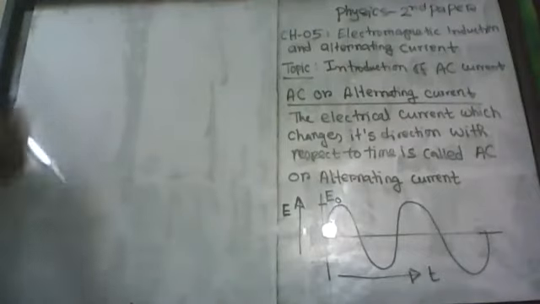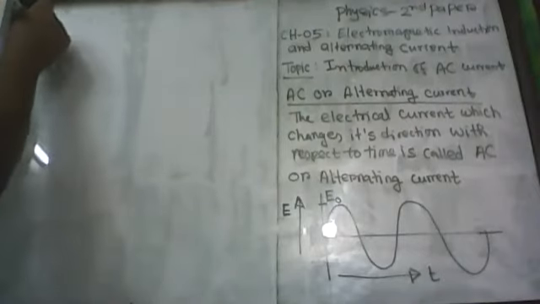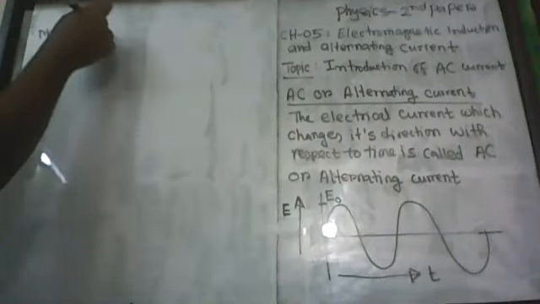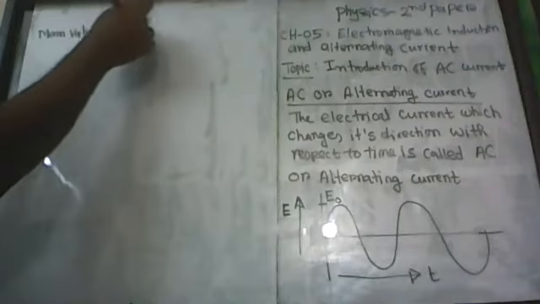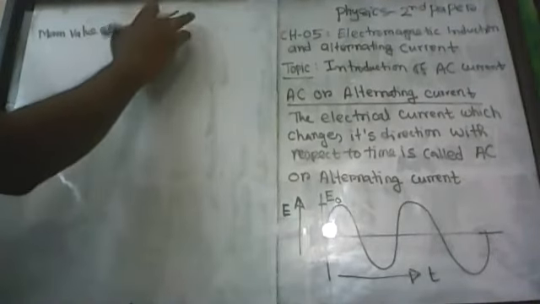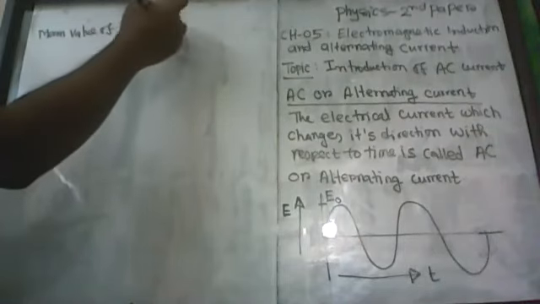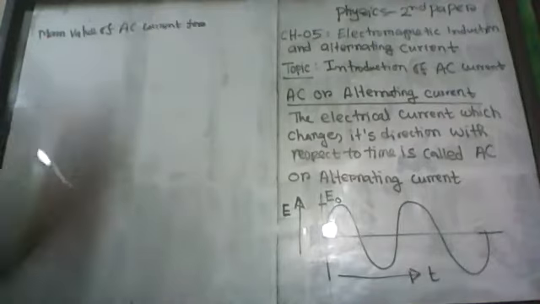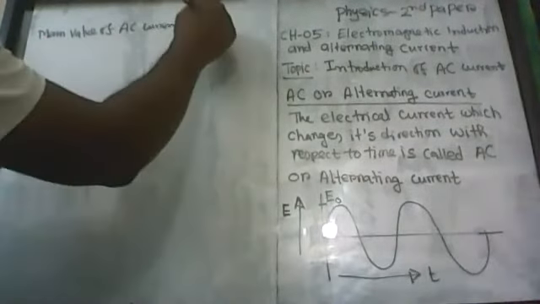So I'm going to calculate the mean value of AC current for the complete cycle.